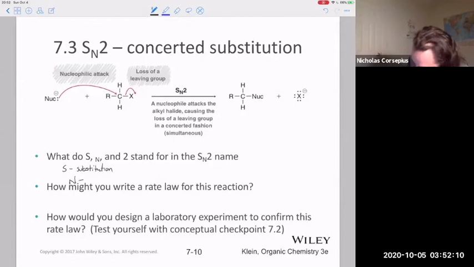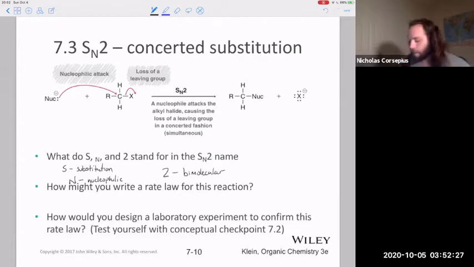The N refers to the fact that it's a nucleophilic substitution, right? We have a nucleophile attacking, that's what's leading to the substitution. The 2 is because it's bimolecular. What do I mean by that?